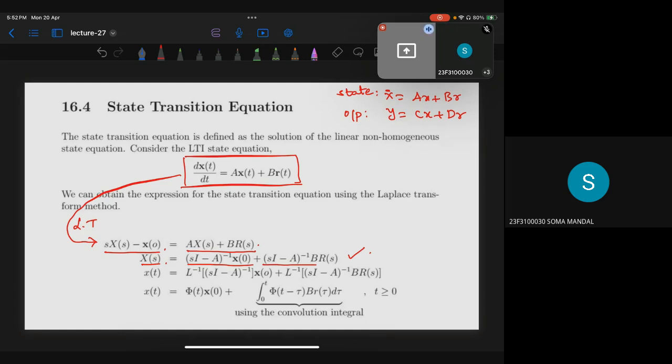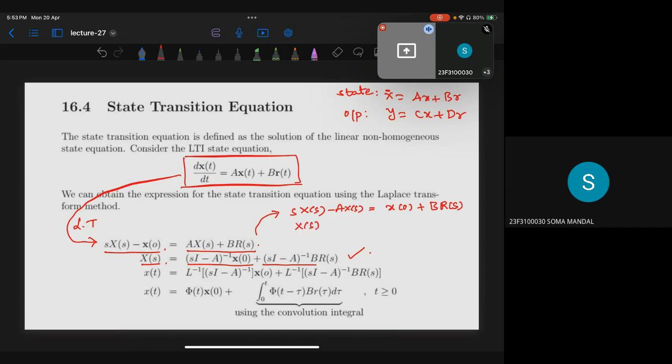So let me write it. X of s minus A X of s, I'm bringing that, equal to x of 0 plus B R of s. Just bringing that A X of s to this side.